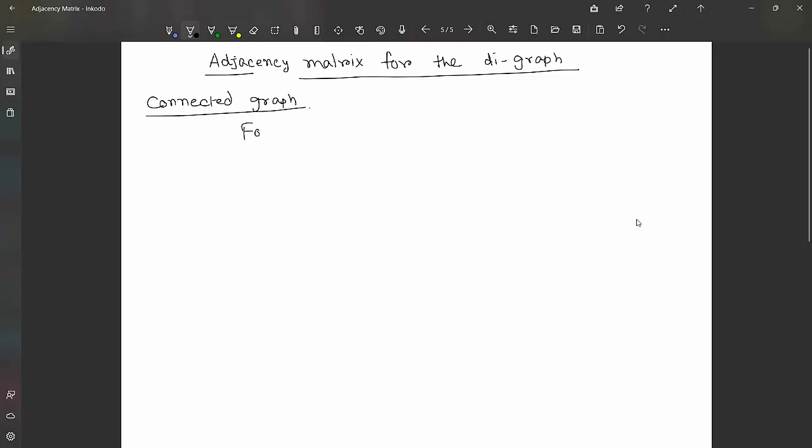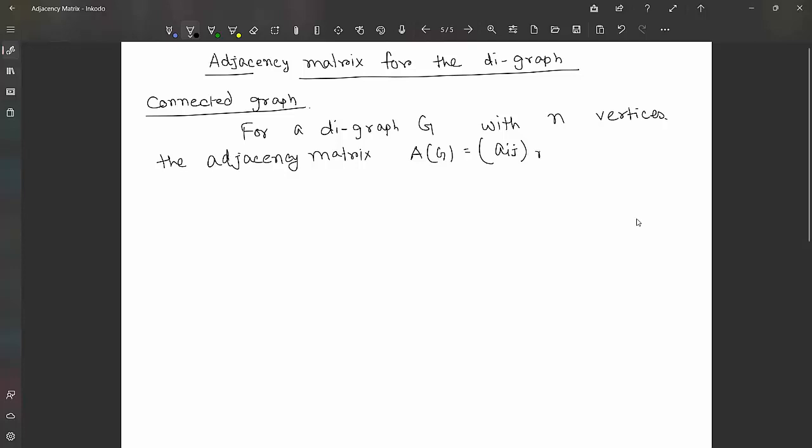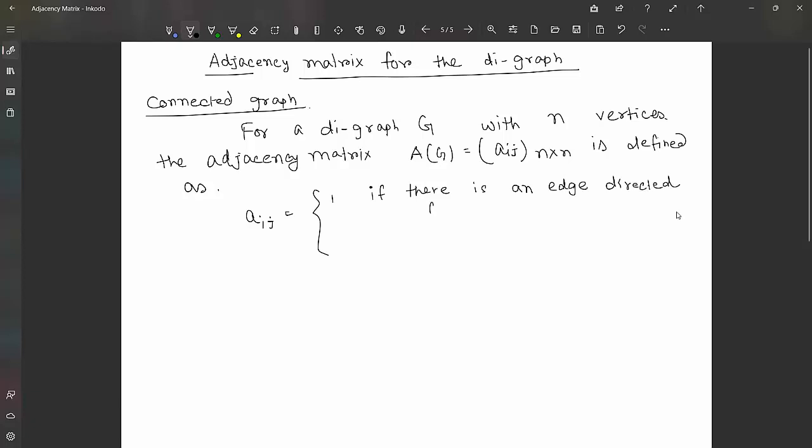for a graph G, for a digraph G with n vertices, the adjacency matrix AG is equal to Aij, which is n cross n, defined as: Aij will be 1 if there is an edge directed from Vi to Vj.